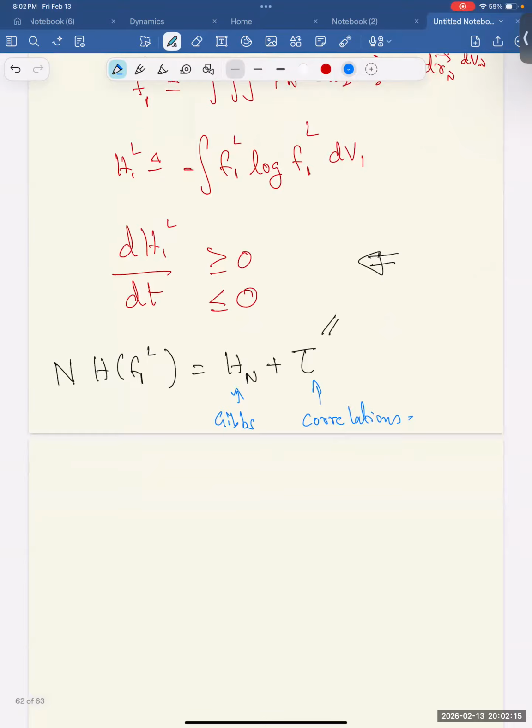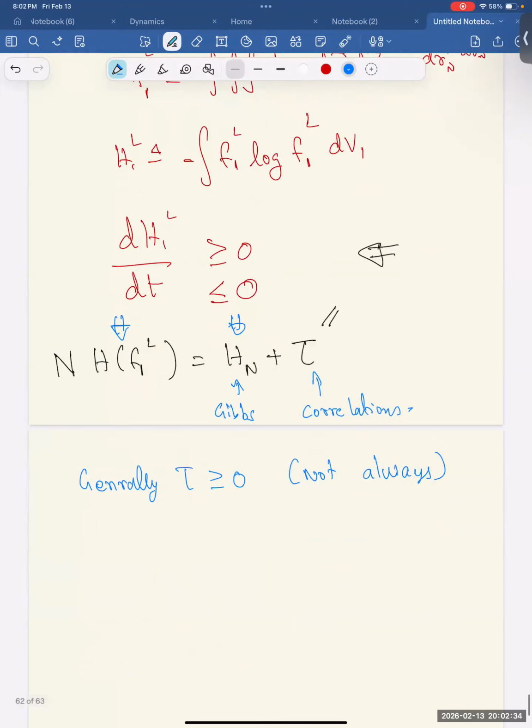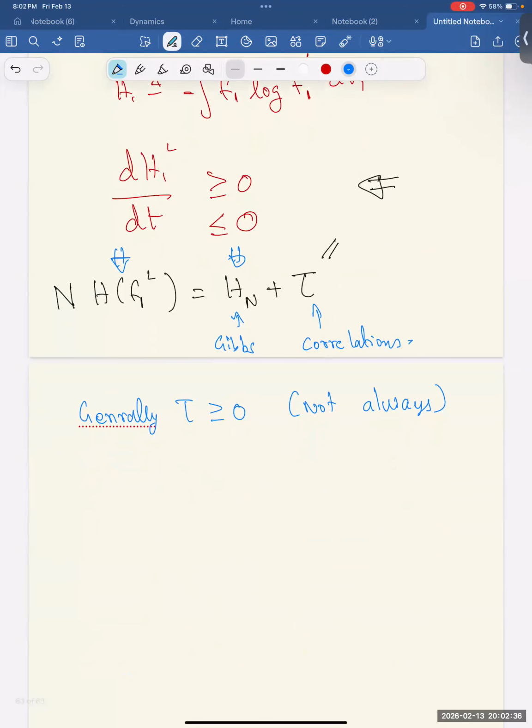Okay, generally, not always, you can say tau would be greater than 0, right? Not always. And it is generally greater than 0 because, just look at these two things. Think of that Venn diagram that we always see, and that we've seen before.